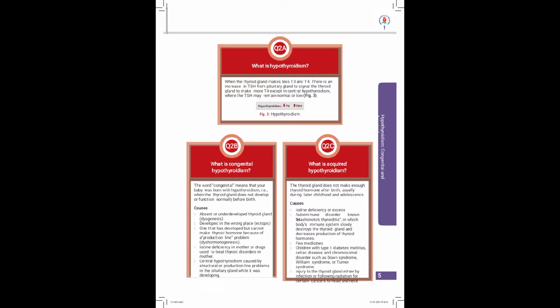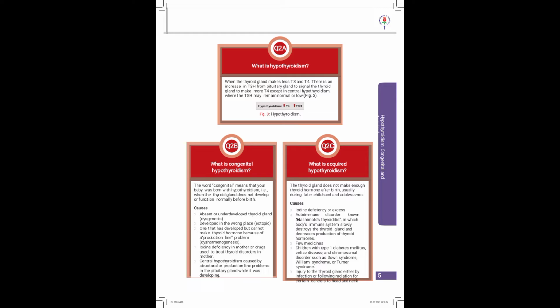Central hypothyroidism is caused by structural or production line problems in the pituitary gland while it was developing. Acquired hypothyroidism is where the thyroid gland does not make enough thyroid hormones after birth, usually later in childhood or adolescence.